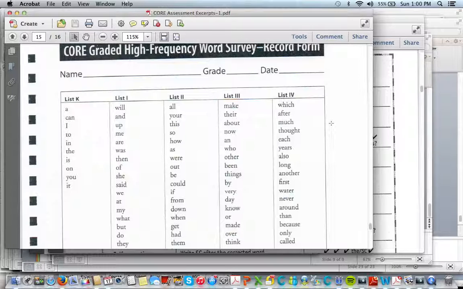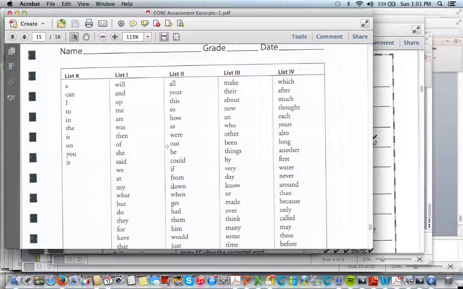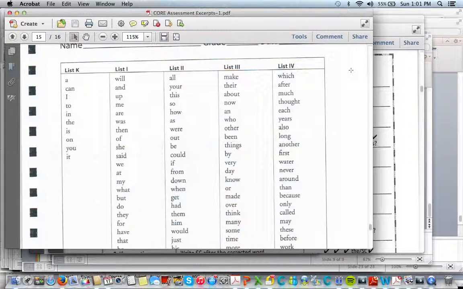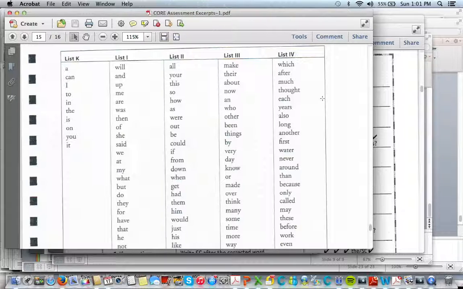But if your learner tested, let's say, 5th grade or below, then you want to triangulate it with this list as well. So let's say they were reading at independent level 5th grade on the other list. Give them this list as well. Maybe try to give them list 4 and just see how they do on it.